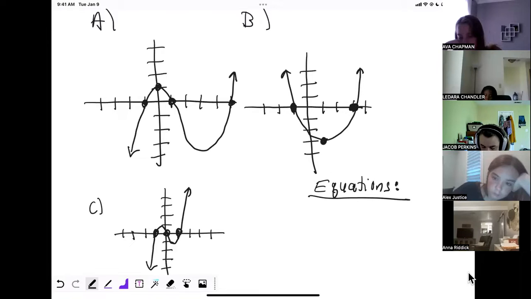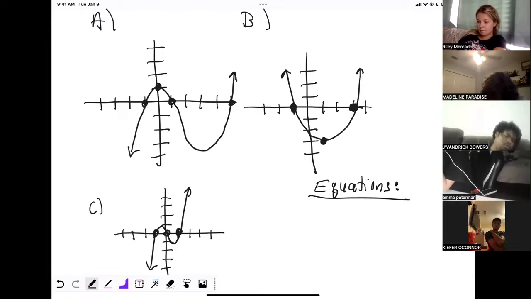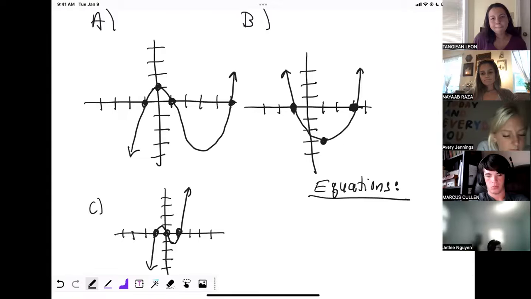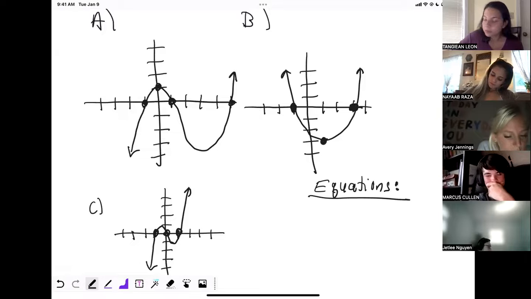Okay, nobody share the answers. As soon as I put the equations down, you can match them if you can, but don't give it away. You're just going to put next to the equation which letter it is.